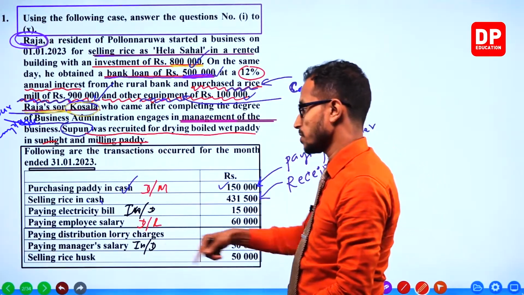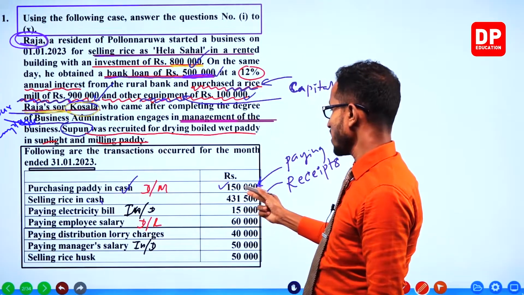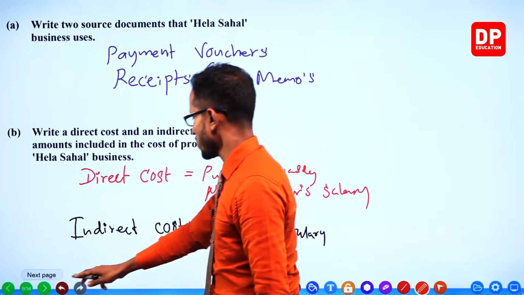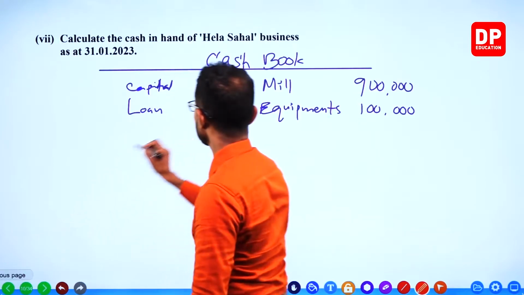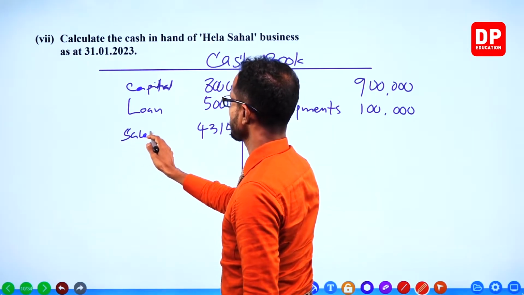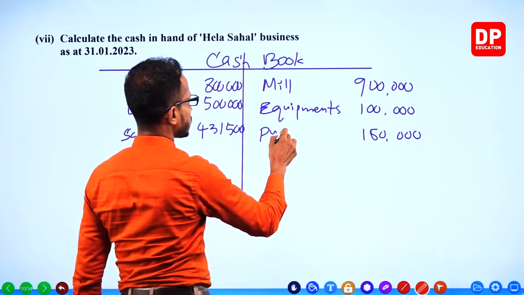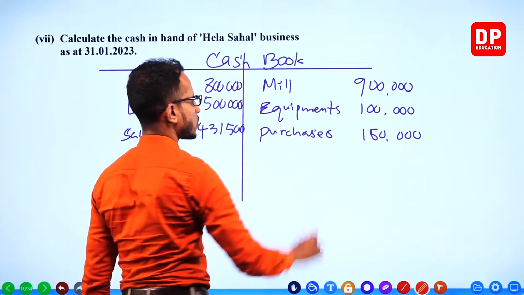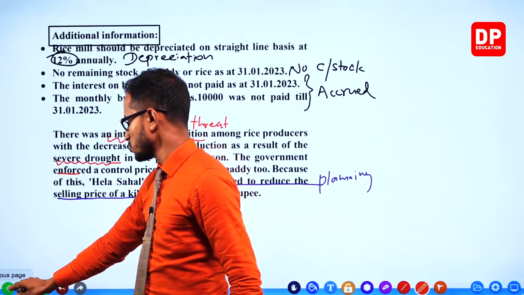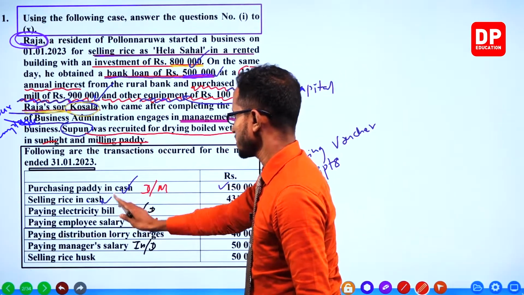Cash coming in, debit, 431,500. Sales 431,500 and purchases 150. We recorded sales and purchases too.